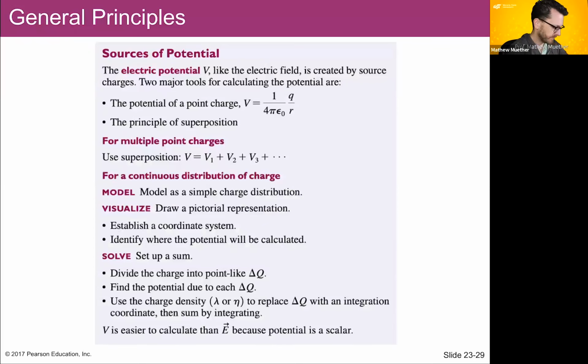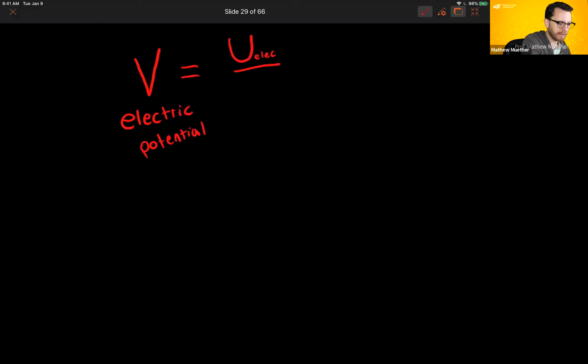Okay, great. So now in the remaining time today, I want to move on to discussing electric potential. So what is the electric potential? Well, it has a really simple definition. This thing that we're going to call V, that's the electric potential, is equal to the electric potential energy divided by the charge of some probe charge.